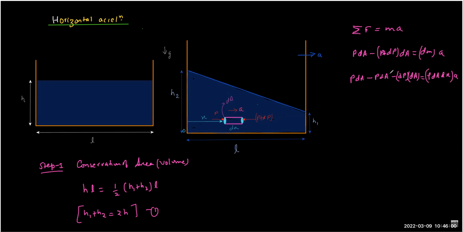It seems like all the dA will cancel out, so what is left is only minus dP on the left side. And on the right hand side, what you get is rho A dx. And from here we get the first derivation, that the pressure gradient is minus rho into A. This is called pressure gradient.